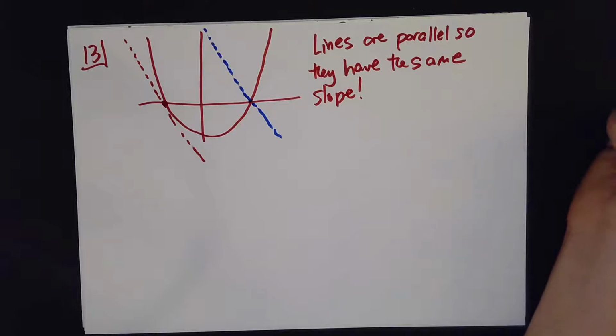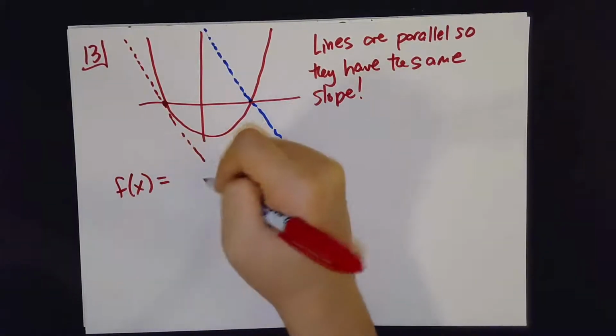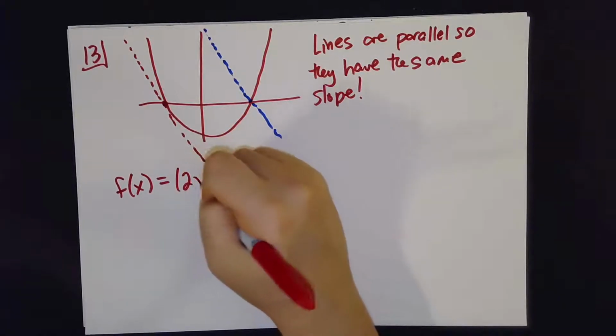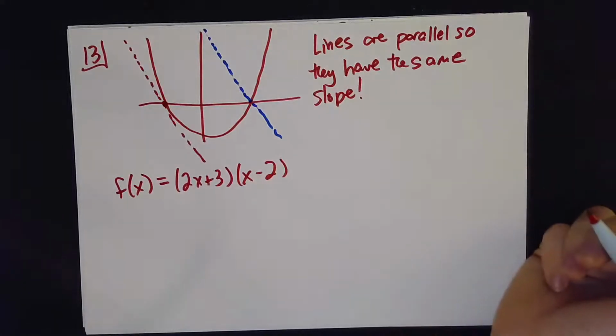And I suppose I should mention that the function here is (2x plus 3) times (x minus 2).